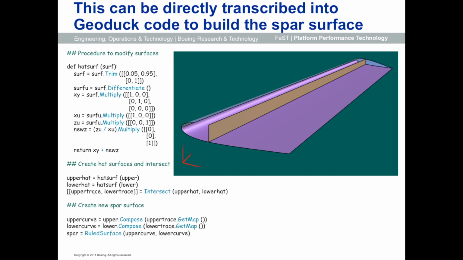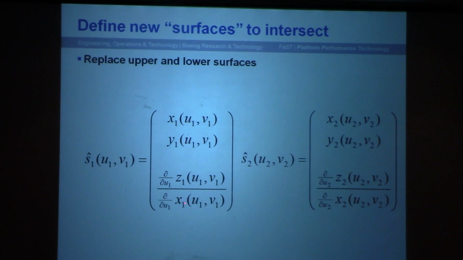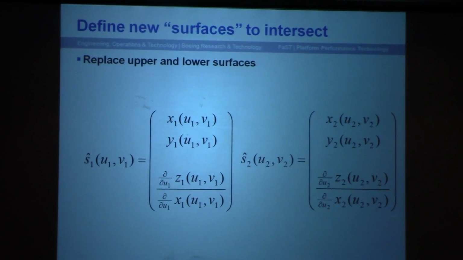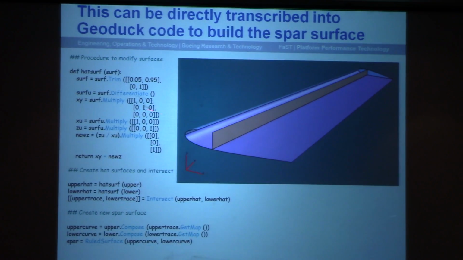So here is the GUIDUC code for that. HatSurf right here is a little Python function that I have written that takes a wing upper surface or a wing lower surface and constructs from that the thing that replaces the z component of that surface with the slope, the fore and aft slope of the section of the surface in those two places. So I write my little procedure right here that constructs these hat surfaces.